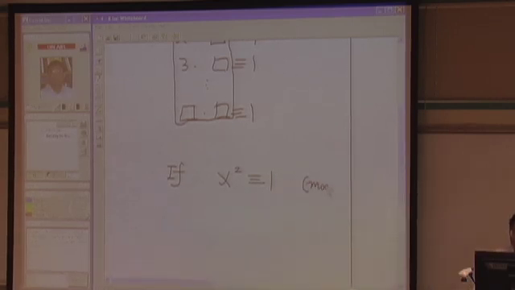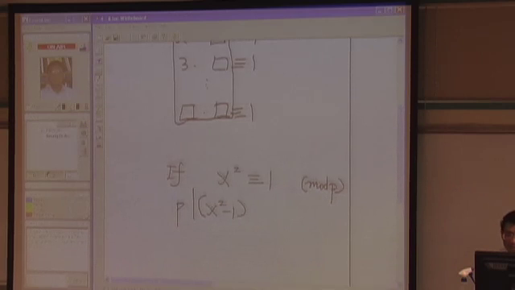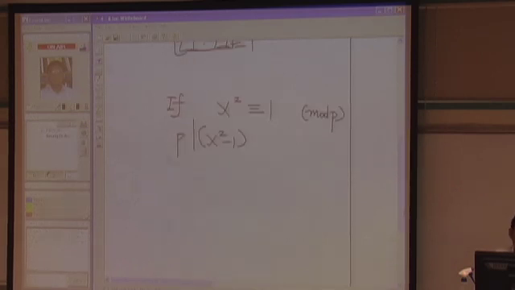This is equivalent to saying what? x squared minus 1 is divisible by p, right? x squared minus 1 can be factored. x plus 1 times x minus 1 is divisible by p.